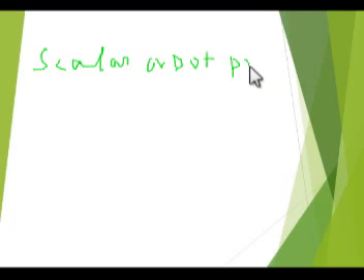There are two types of products: the scalar product or dot product, and the vector product. Both are important in physics and mathematics. What is a scalar product?